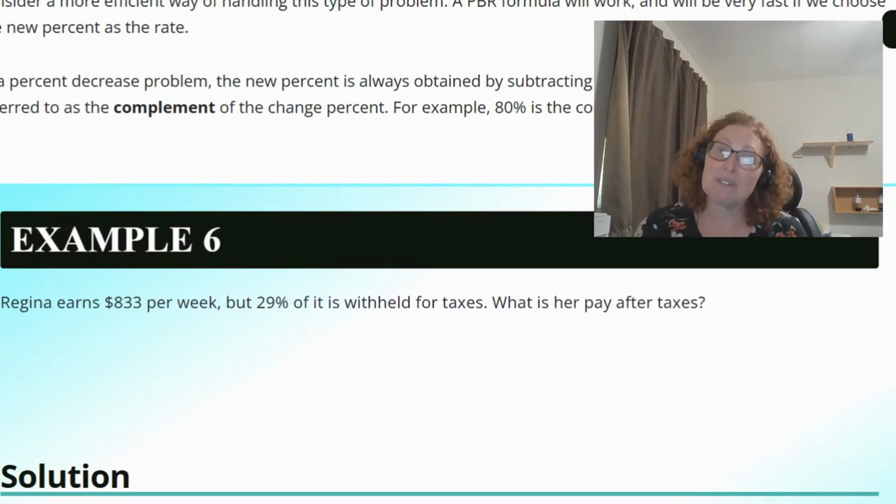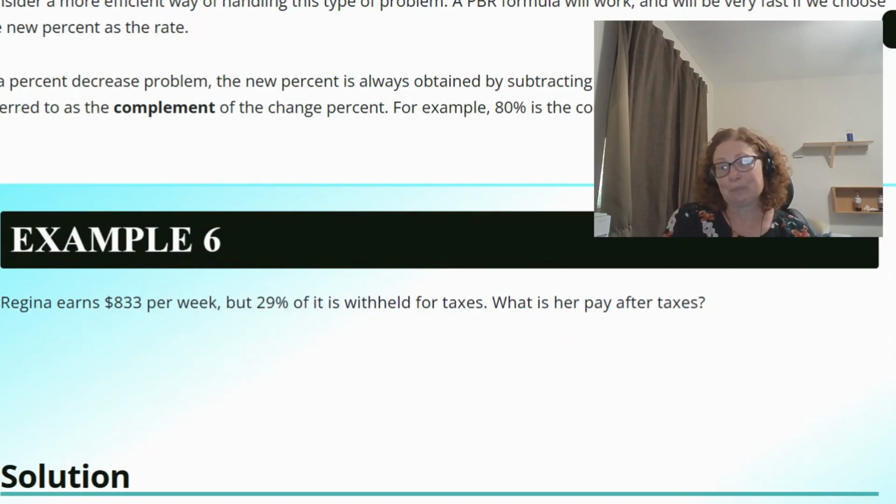So we also talk about the complement of the change percent. This is for a percent decrease problem. So the new percent is always obtained by subtracting the change percent from 100.